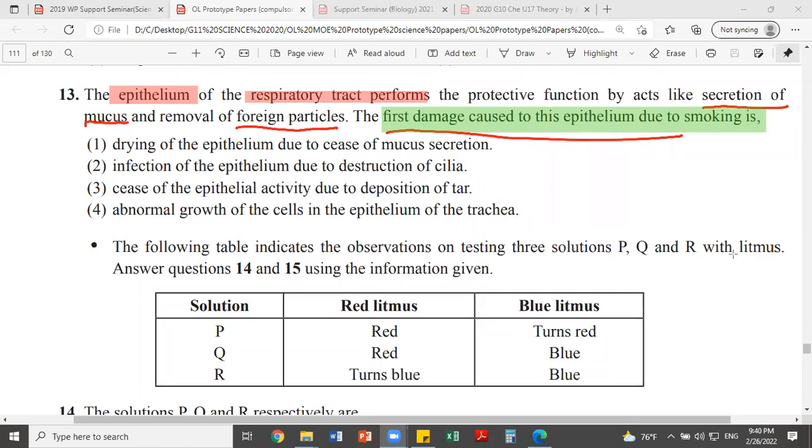First one. Devish, second answer. Shira, second answer. Second one. Infection of the epithelium due to the destruction of cilia. Infection caused by microorganisms. Actually, secretion of mucus.